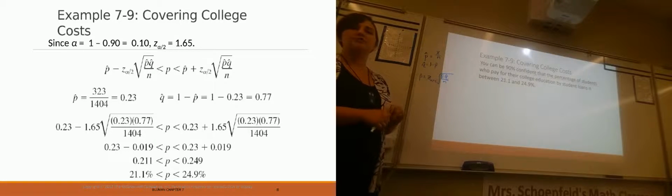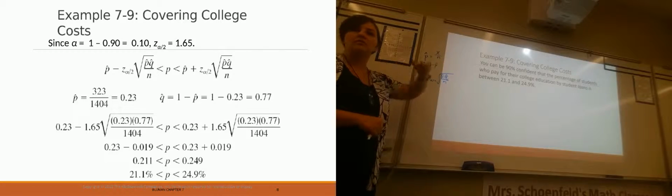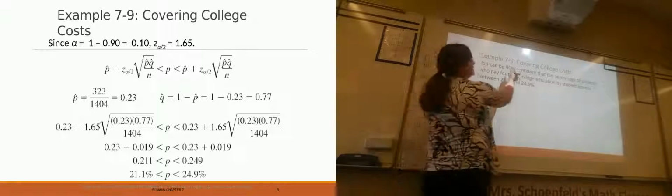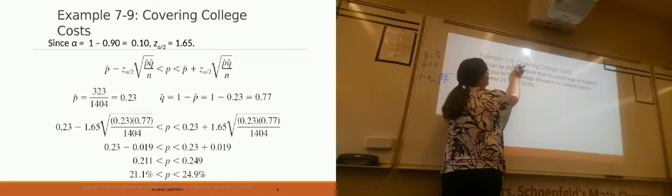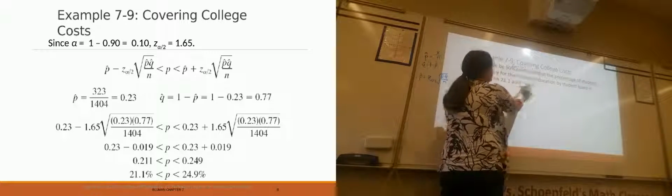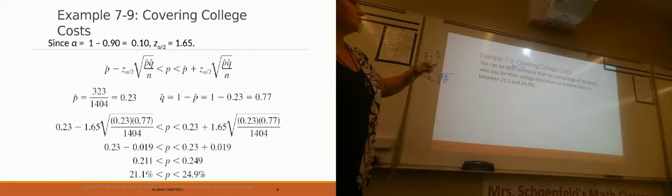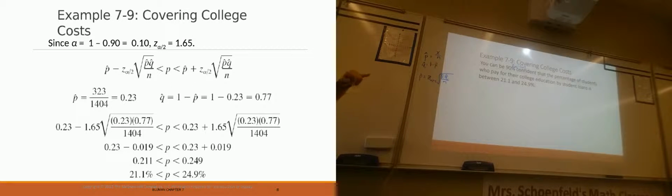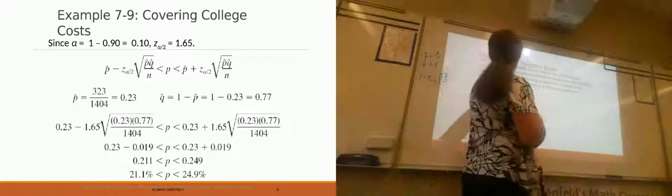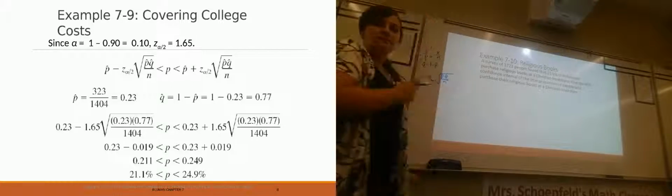So just look back at 7-1 to find all those z-scores. Alpha over 2 is equal to 1.65. Oh, this is just an answer. I thought it was another problem. Okay, another problem. Let me get there.